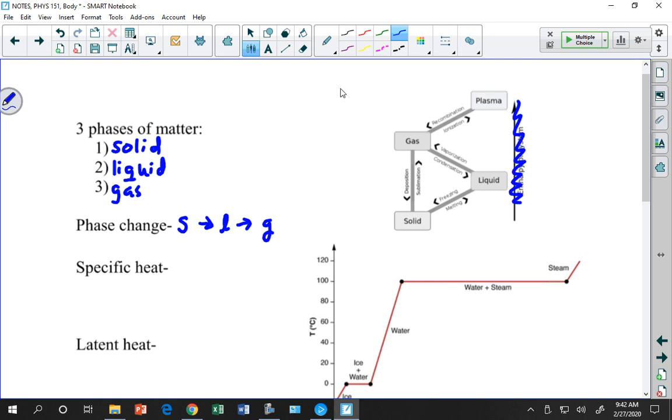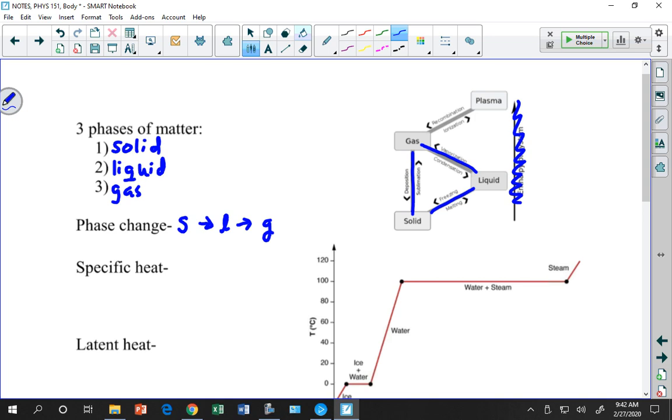But I show this because you can go between these different phases of matter. You can go from a solid to a liquid, either by freezing or melting. You can go from a liquid to a gas, either by vaporization or condensation. You can also go from a gas to a solid.